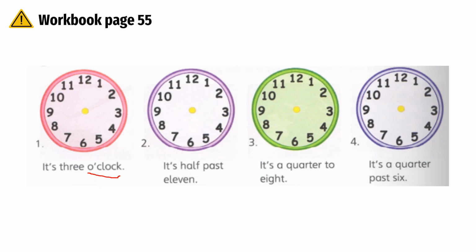So the long hand or the short hand? Yes, you're right, it is the long hand. So the short hand will go to 3. So this is 3 o'clock. Try doing number 2, 3, and 4 and then send it to your teacher for him or her to check.